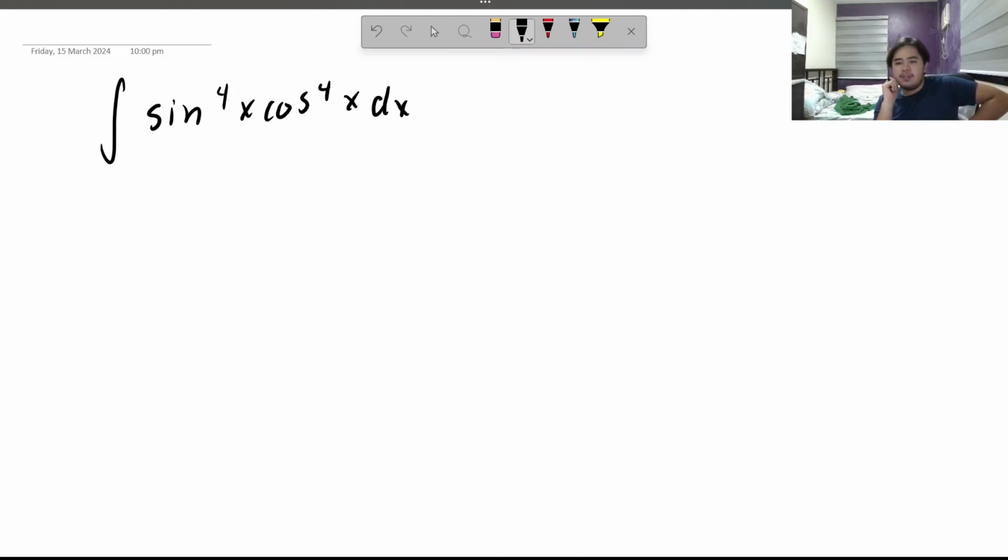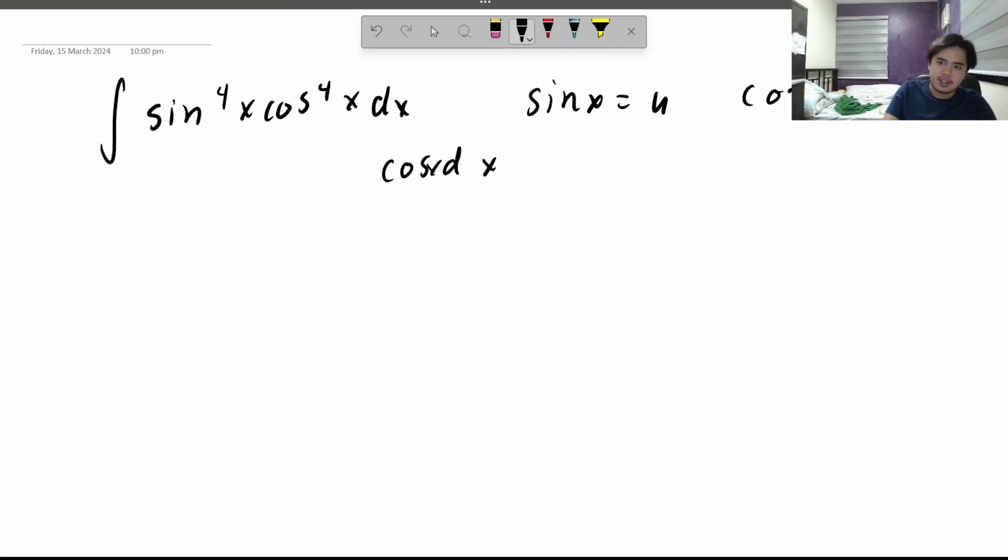I mean, if we try using sine x equals u, maybe, but there would be an odd cosine x, and we can't exactly turn that into sine if it's an odd power, right? Here's what I'm mentioning. If sine x equals u, then there should be a cosine x dx here to serve as the sacrifice to the dx, so it could turn into du, right?